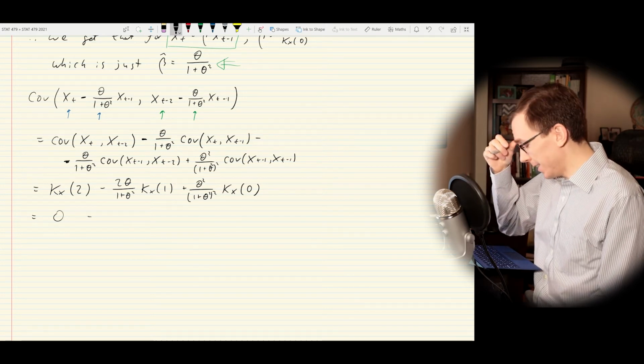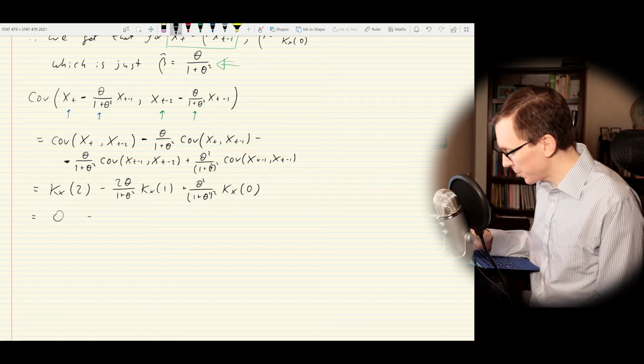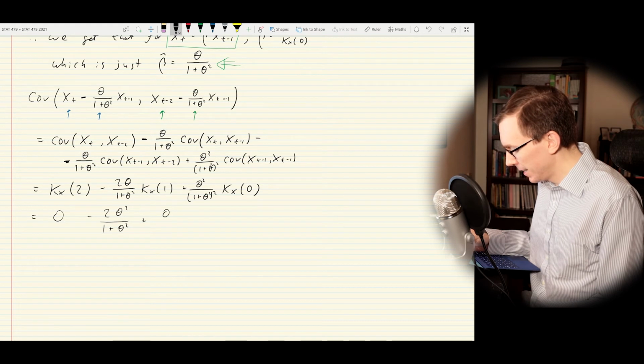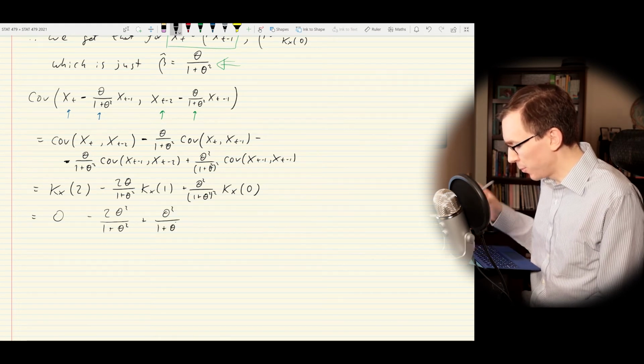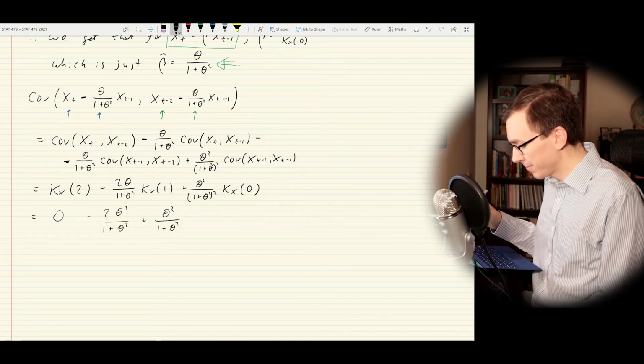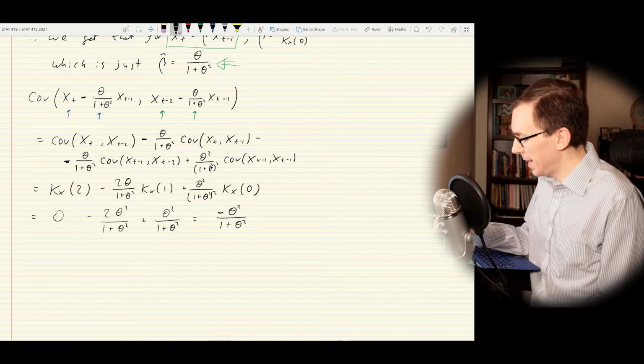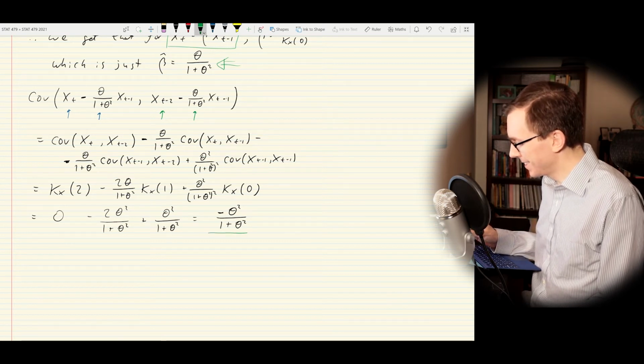Yes, just should be theta. So we end up with something like 2 theta squared over 1 plus theta squared. And over here, we should get a 1 plus theta squared, which means I get a theta squared divided by 1 plus theta squared because one of them in the denominator cancels out. And when I put this all together, I get a minus theta squared divided by 1 plus theta squared. And yep, that's exactly what I had written down. Good.